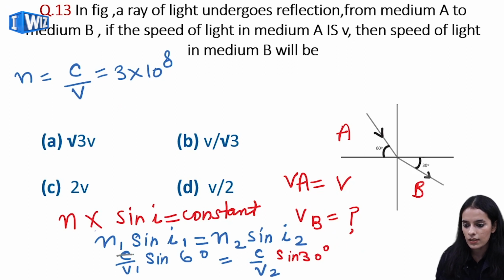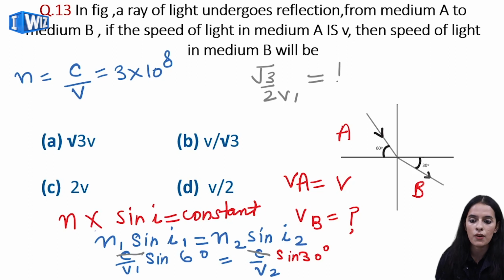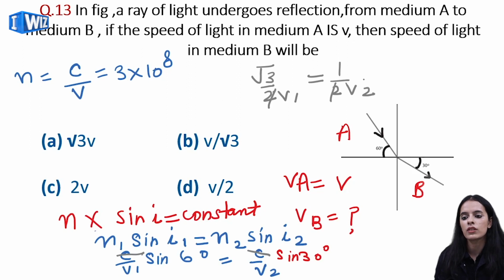C and C will cancel each other. Sine 60 is root 3 by 2, over V1, is equal to sine 30, which is half, over V2. The twos will cancel each other. You have to find the speed of light in medium 2, this one.